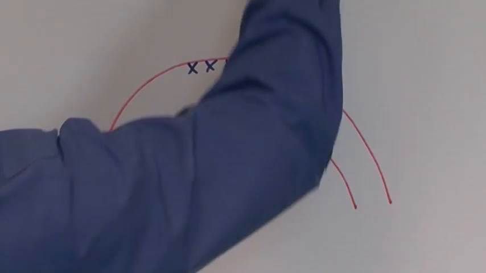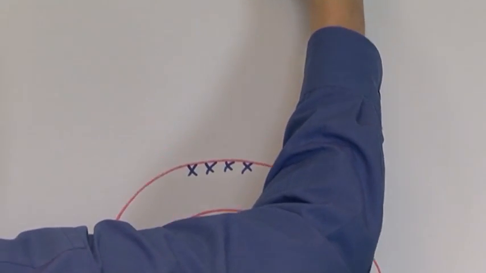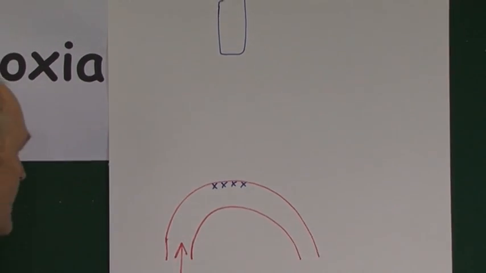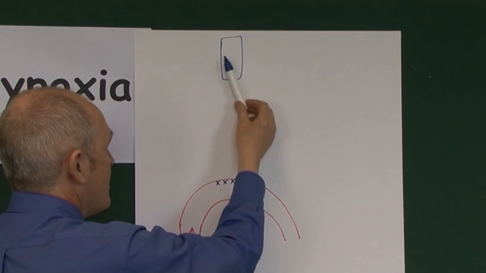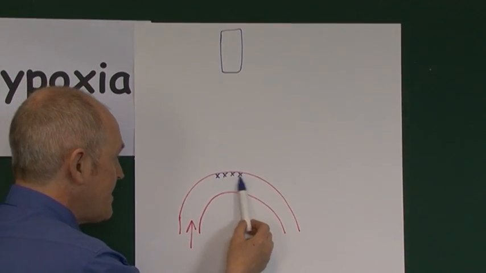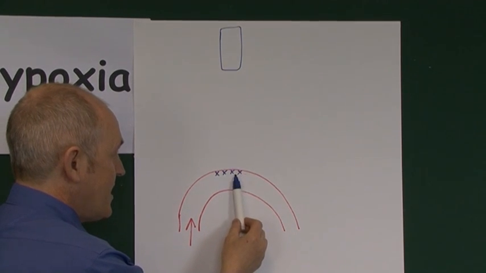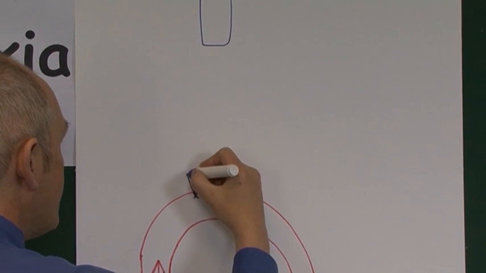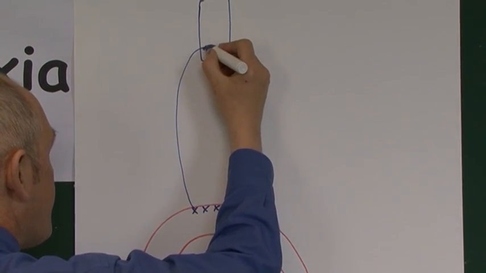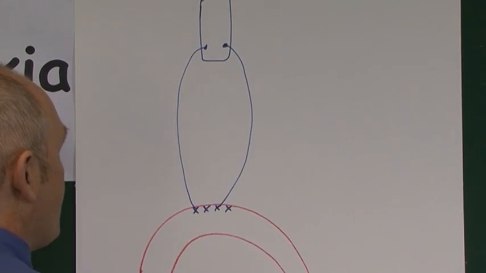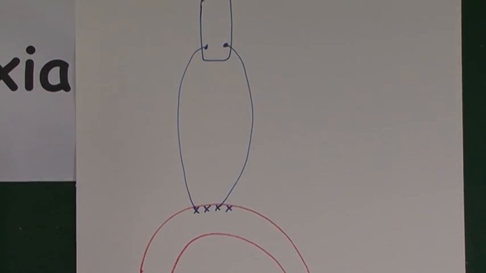And up here, of course, we've got the brainstem, particularly the medulla oblongata. So the medulla oblongata of the brainstem is up there in the brain, and here we have the chemoreceptors in the arch of the aorta. And there are nerves that go from these chemoreceptors up to the medulla oblongata of the brainstem.